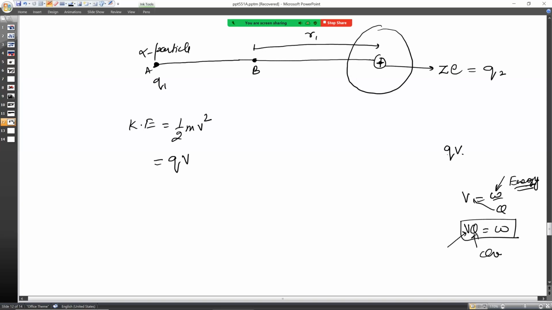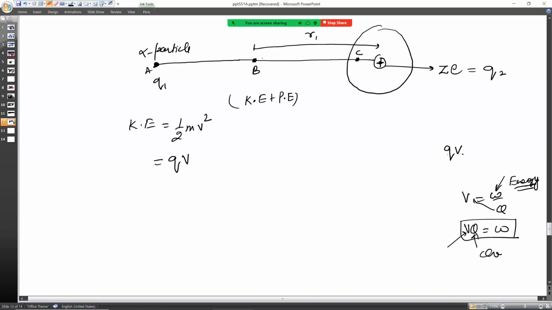And let's suppose this distance at B point here, and we have C point here. At B point, it is going to have some kinetic energy as well as some potential energy. Because when the alpha particle starts moving and comes closer, a repulsion force will start coming here.